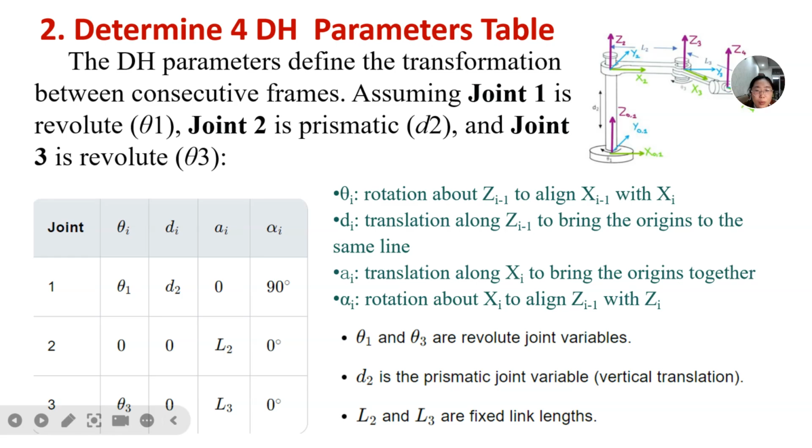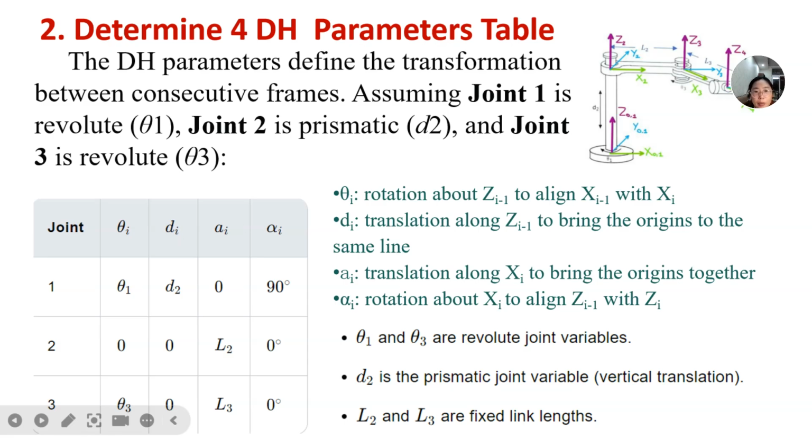Assuming joint 1 is revolute, theta 1, joint 2 is prismatic, d2, and joint 3 is revolute, theta 3. The picture shows the DH table.